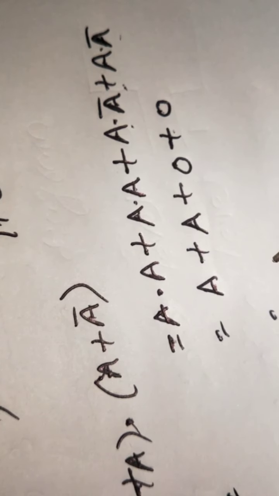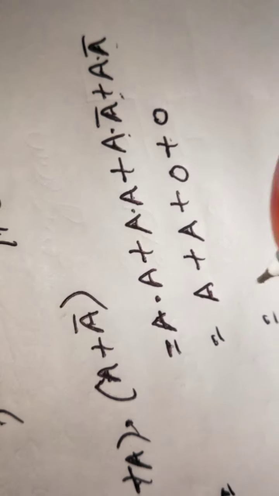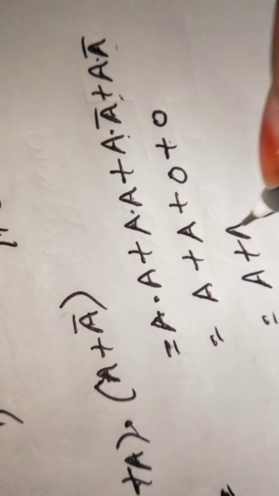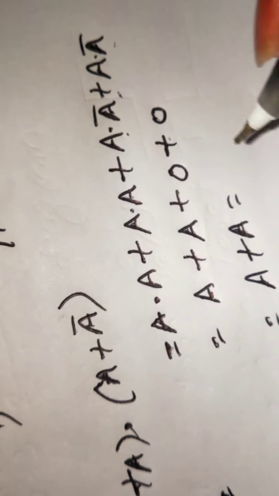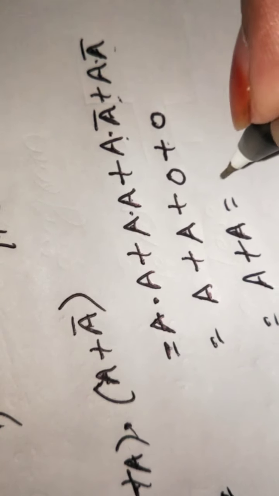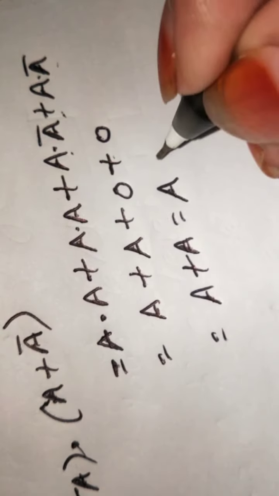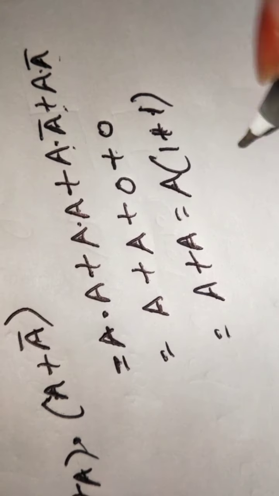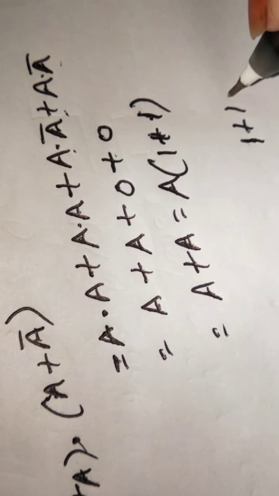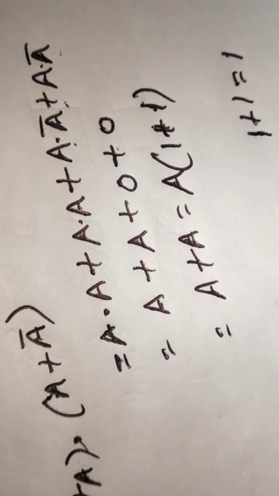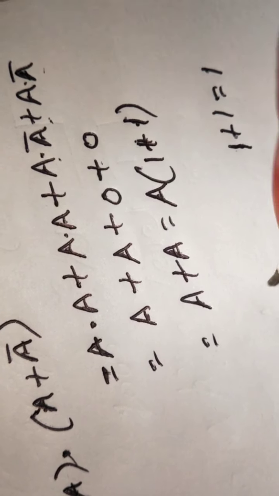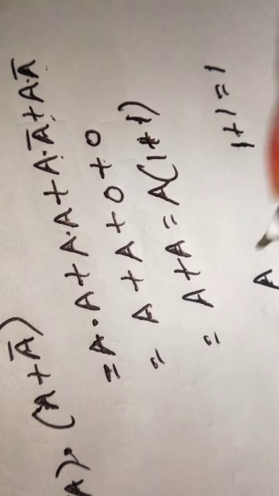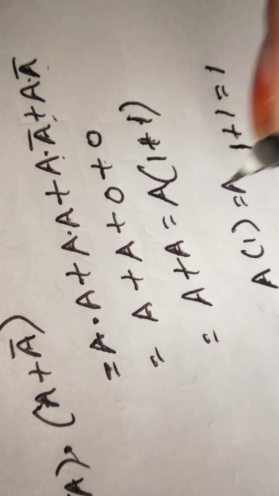So finally a plus a equal to, here a are common, so a into 1 plus 1. Here 1 plus 1 equal to 1. So a into 1 equal to a.